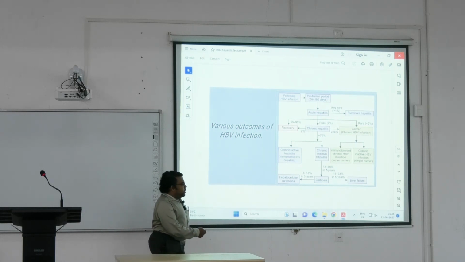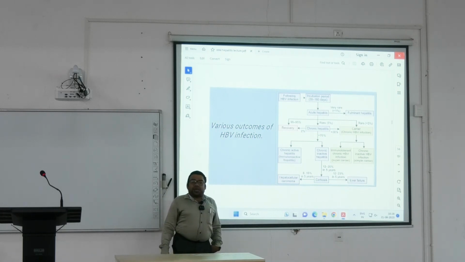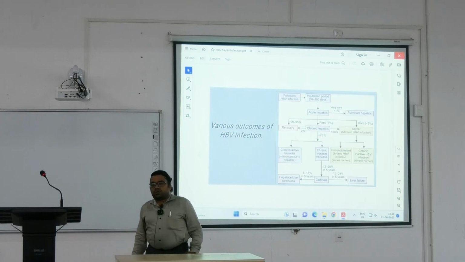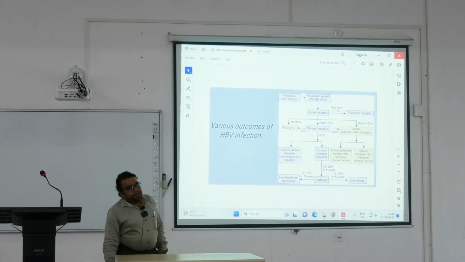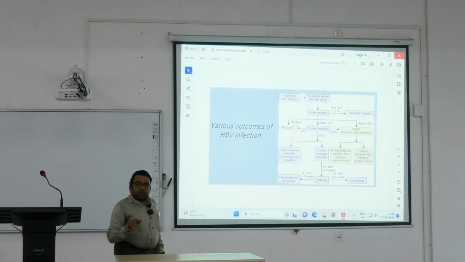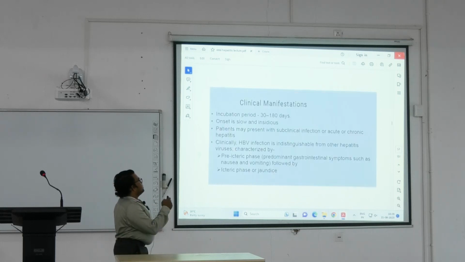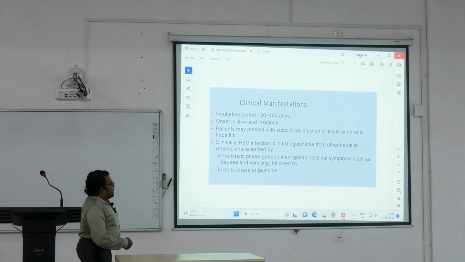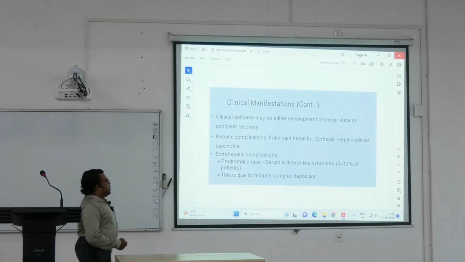People with inactive hepatitis will ultimately end up having either liver failure, cirrhosis, or hepatocellular carcinoma. Okay? Are we clear about this? Next. Similar to hepatitis A, it will become either pre-icteric or icteric.